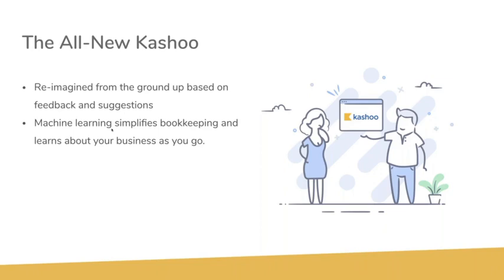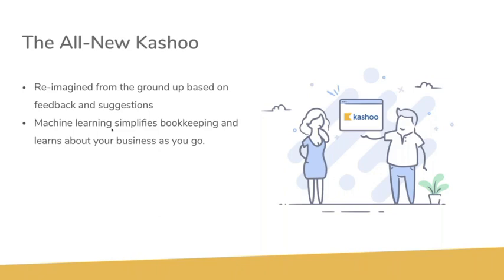So you'll see that as transactions are imported into Kashoo, Kashoo will automatically categorize them, extract sales tax out of them, really do a lot of the basic bookkeeping work that you might have to do. So our goal was really to automate about 80% of the work you do.